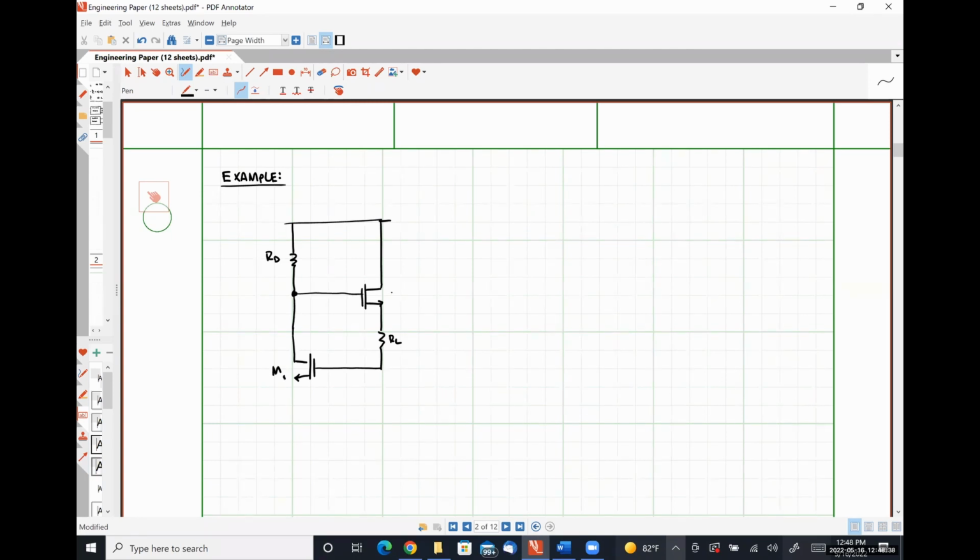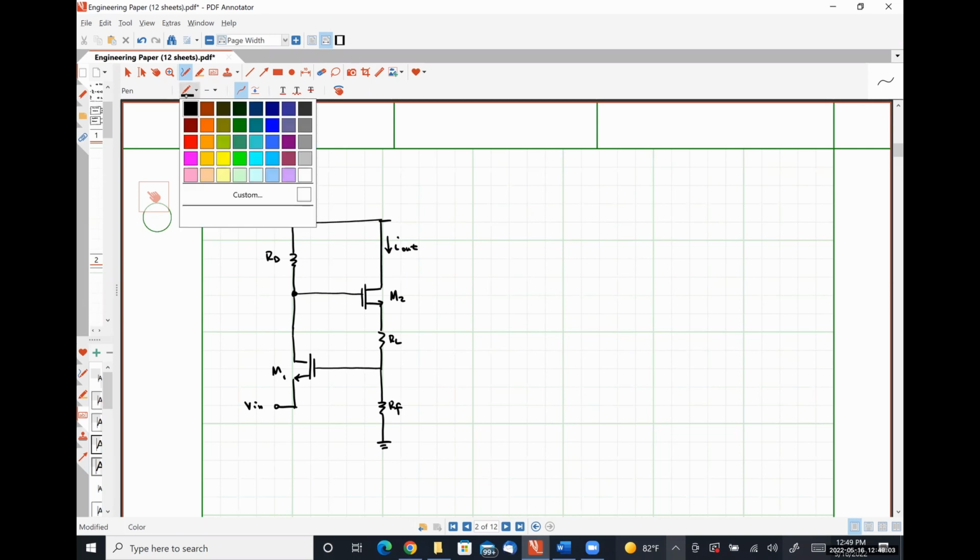Call this transistor M1, this transistor M2, this resistor RF, let's call this VN, and this is our output current I out.